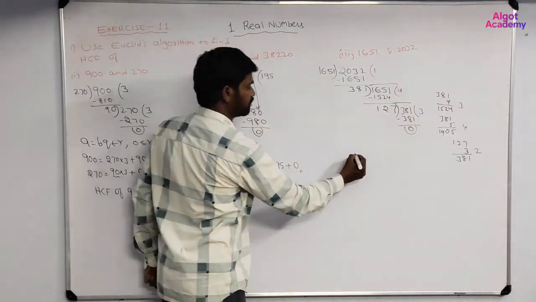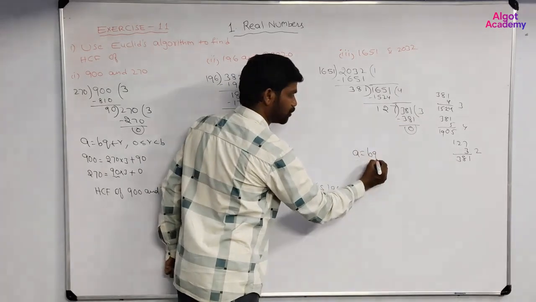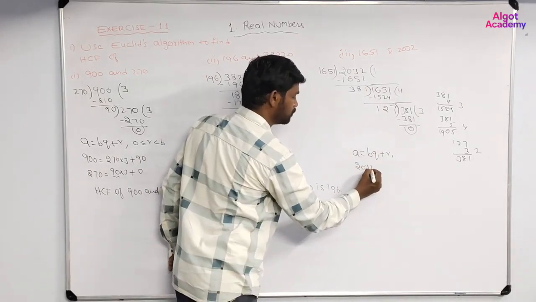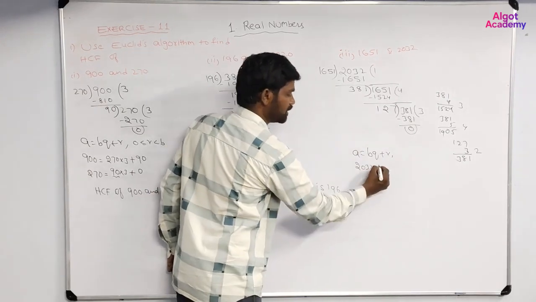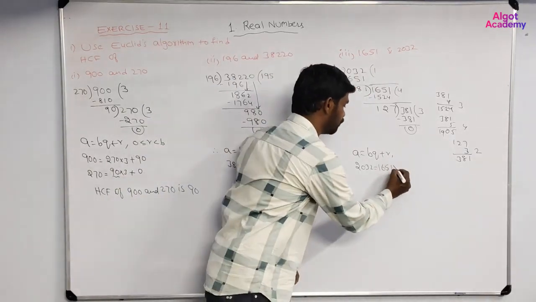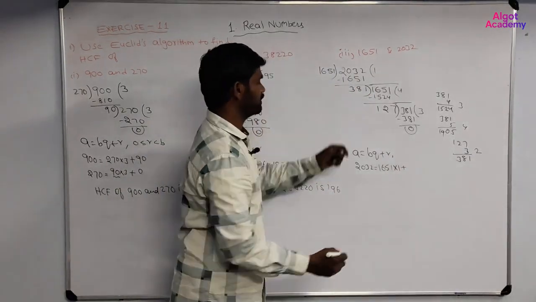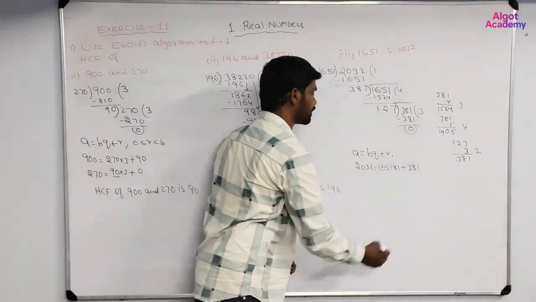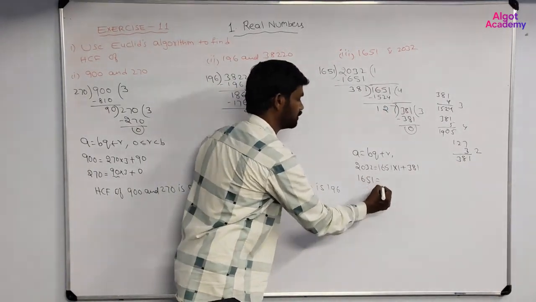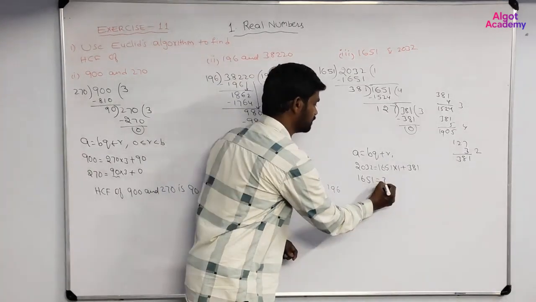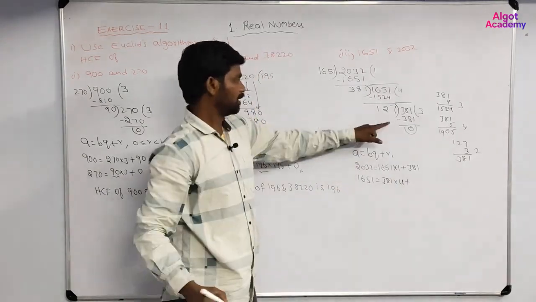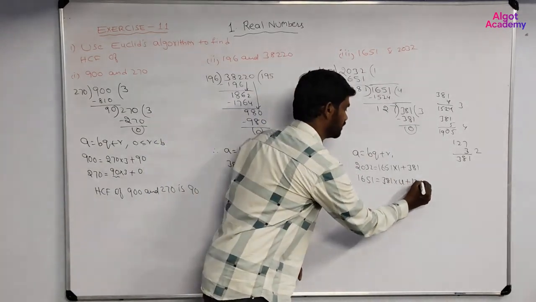Let us write in the equation form, A is equal to BQ plus R. The A value is 2032, which is equal to B, 1651, and the quotient is 1, plus the remainder 381. In the next step, A becomes 1651, which is equal to B, 381, into quotient 4, plus the remainder 127.